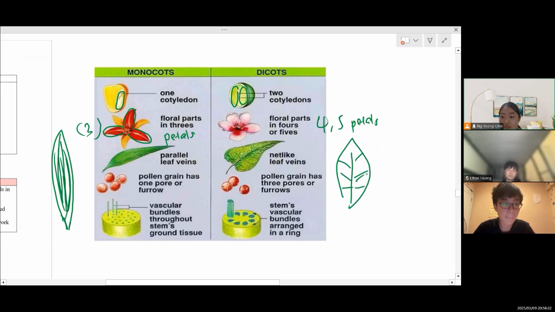We call it reticulated leaf vein. Reticulated means net-like. The leaf vein is just spread out like a net. So you can talk about this whenever the question asks you the difference between monocotyledon and dicotyledon. Yeah, 3 petals and the leaf vein.